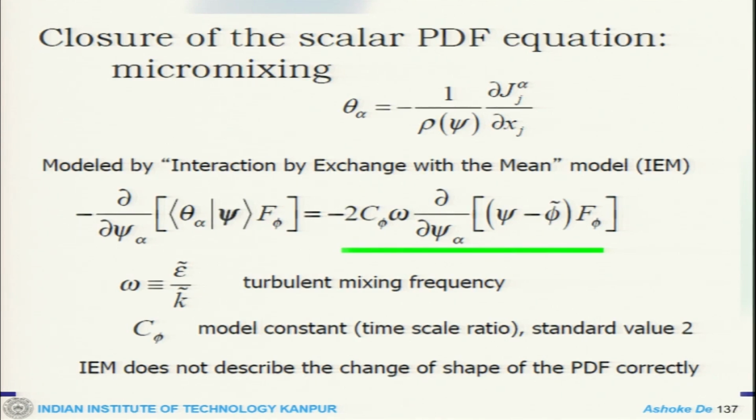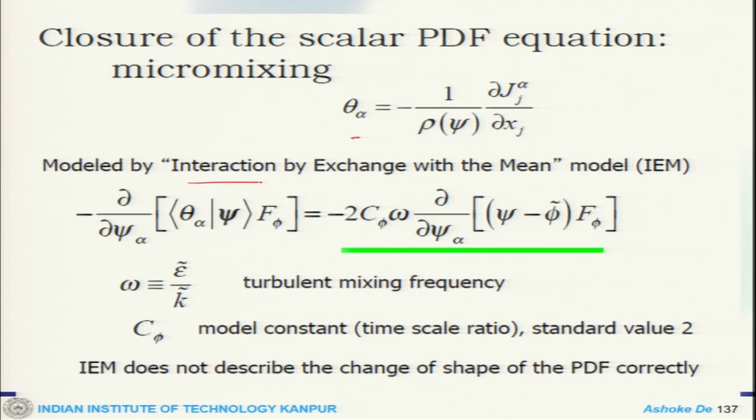Now, another term which is there is the theta alpha, which is 1 by rho, the micro mixing term. How do we do that? So, we use some micro mixing model.